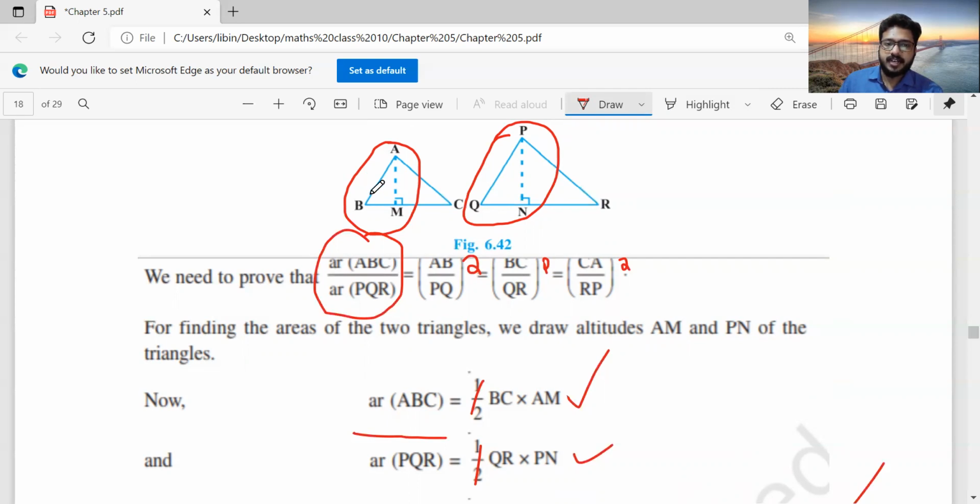Can I say angle B is equal to angle Q? Of course I can say that, because we are already given that the whole triangle ABC is similar to the bigger triangle PQR. So angle B is equal to angle Q. Now angle AMB is equal to angle PNQ, it's obvious because it is forming 90 degrees.